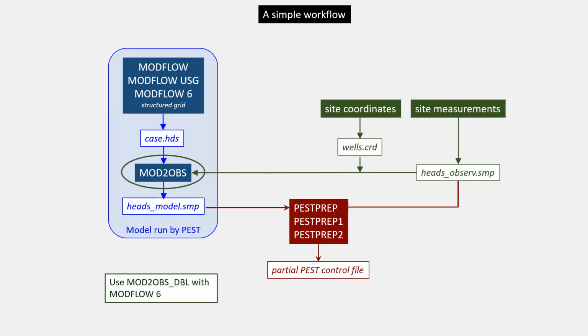Now if we're using MODFLOW 6, we need to use a program mod2obs_dbl instead of mod2obs, because MODFLOW 6 writes a double precision system state file.